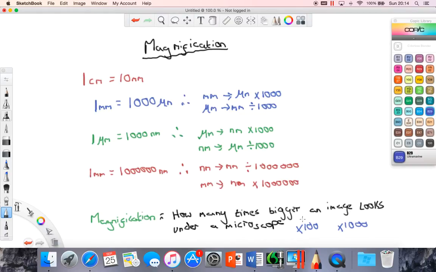All this means is that the image is 100 times bigger than the real thing, whereas this one means that the image under the microscope is 1000 times bigger than the real thing. If you haven't already, pause the video and make sure you've got these numbers written down for your reference.